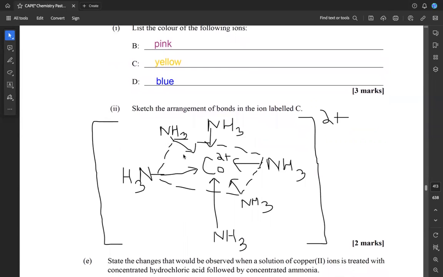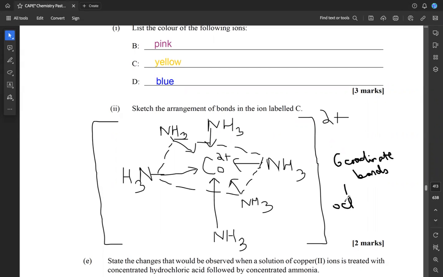If they asked us about the shape, guys, what shape it forms, it would be an octahedral shape because there are 6 coordinate bonds. So I'm just going to write that here just to enhance your learning, right? So there are 6 coordinate bonds, because I drew 6, there are 6 ammonia around it. And so as a result of that, this would be what, an octahedral shape, right?